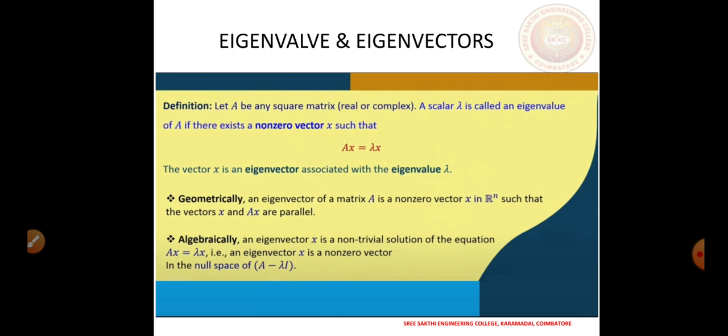Next point, an eigenvector x is a non-trivial solution of the equation Ax equal to lambda x. That is, an eigenvector x is a non-zero vector in the null space of A minus lambda I.